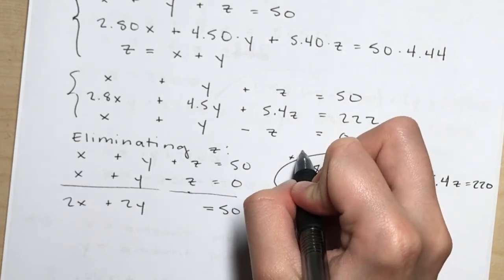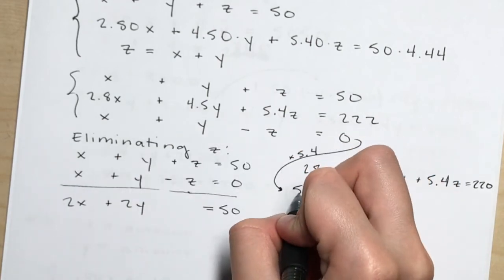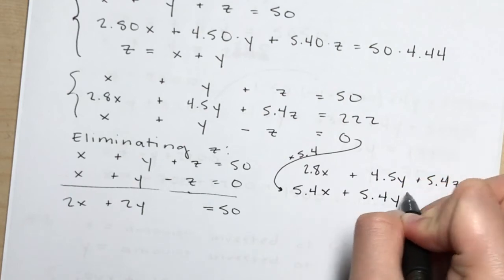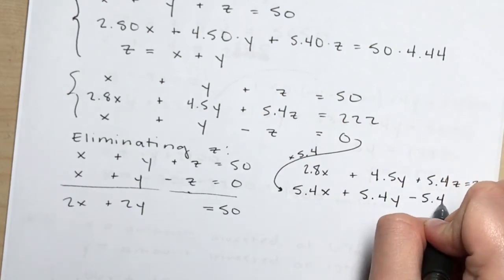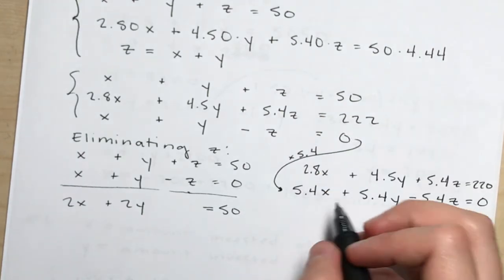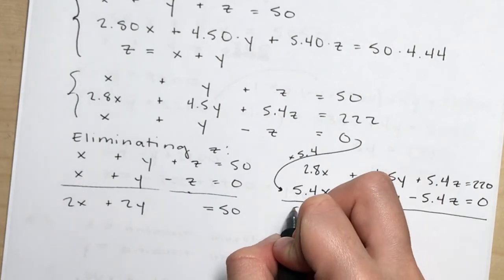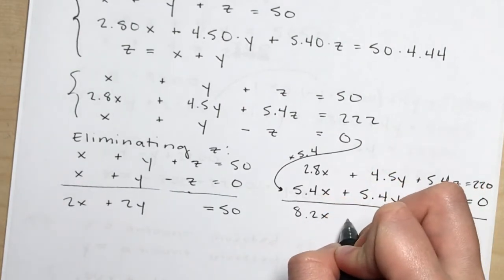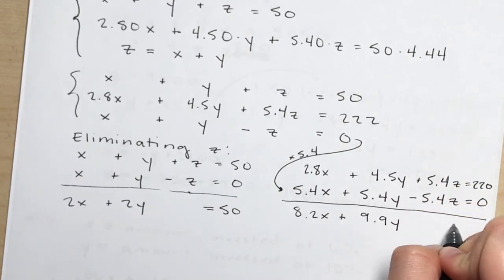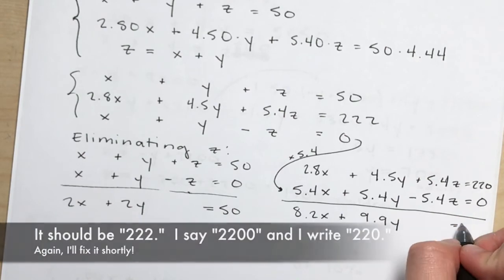Times 5.4, we get 5.4x plus 5.4y minus 5.4z equals 5.4 times 0, so 0. We add these together. We get 8.2x plus 9.9y equals, right, plus 0 equals 2200.